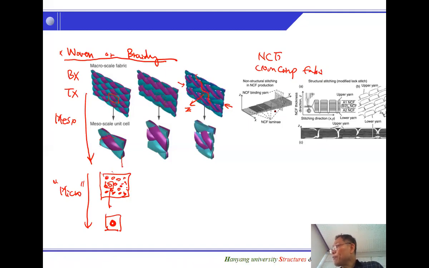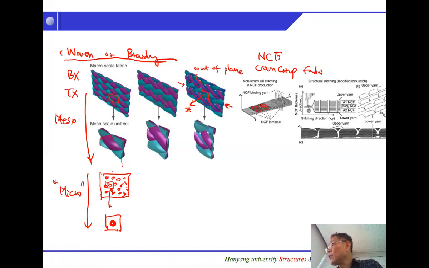And for the NCF, the story is a little bit different because the fiber runs this way or that way and then is stitched. So there is no out of plane undulation.